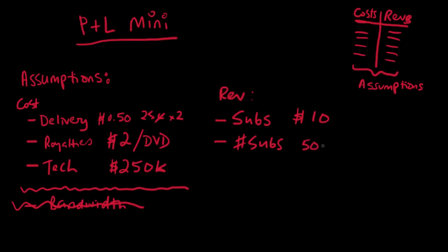Say we start with 50,000, then we go to 150,000, then we're at 500,000, and then finally by the end of the year, we're at 1 million in our first year. So we'll be able to actually do some quarterly estimates here.